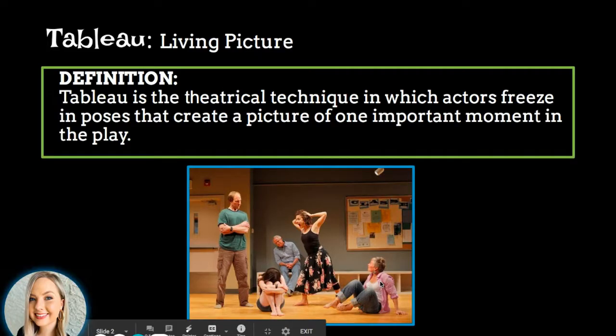Then we've got this woman over here who almost looks like she's fallen, but her focus is entirely on this woman. And then you've got Grandpa back here just hanging out and taking it all in. So there are a million different scenarios of what we could come up with as to what might have been happening in this tableau. But the way they are frozen, the very act of that is what a tableau is.